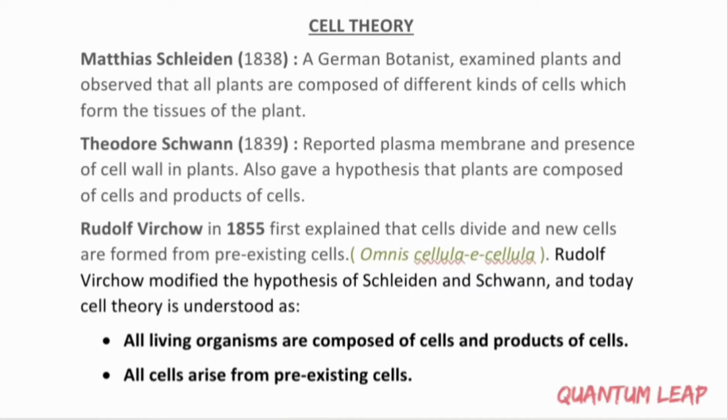After all these studies, the work was carried forward by Schwann and Schleiden. A new scientist came up in 1855, and he gave a proper explanation of both the theories, that cells divide and new cells are formed from pre-existing cells.